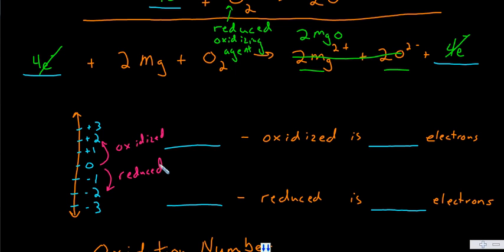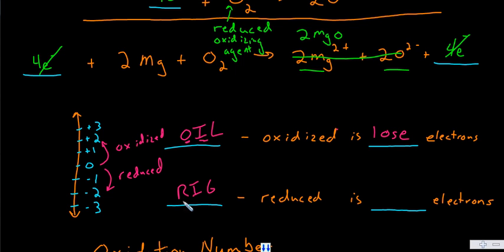You can actually make it easier to remember what is oxidized and reduced. And the term is OIL RIG. What is oxidized is going to lose electrons. To lose electrons will oxidize something.